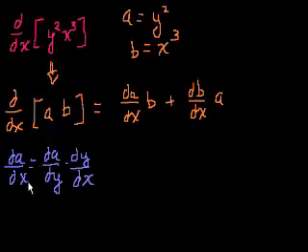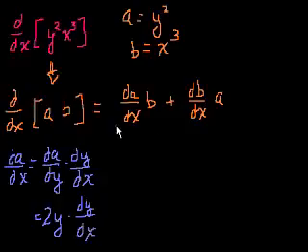So this is just the chain rule. And what's the derivative of a with respect to y? Well, a is equal to y squared. So that is equal to 2y times the derivative of y with respect to x. Well, we haven't explicitly defined y in terms of x, so we're just going to have to leave it like that. So times dy dx. So this right here, the derivative of a with respect to x is just that.